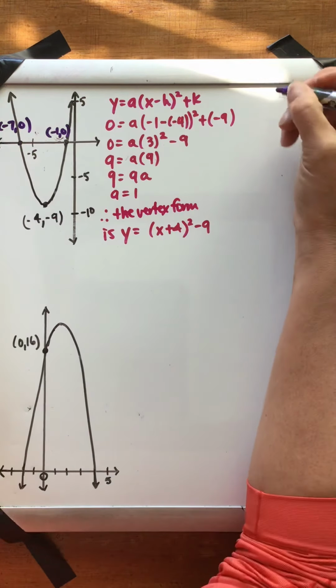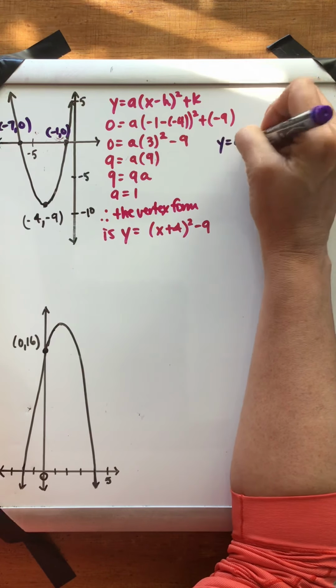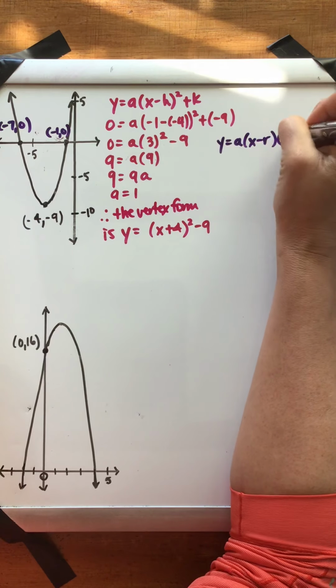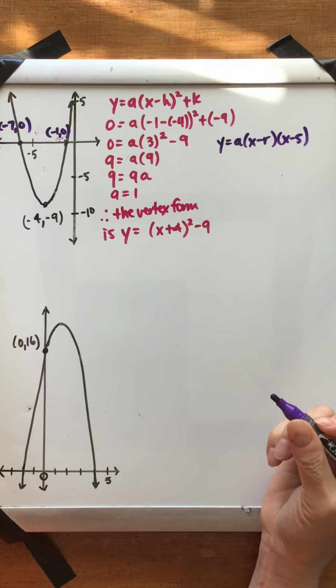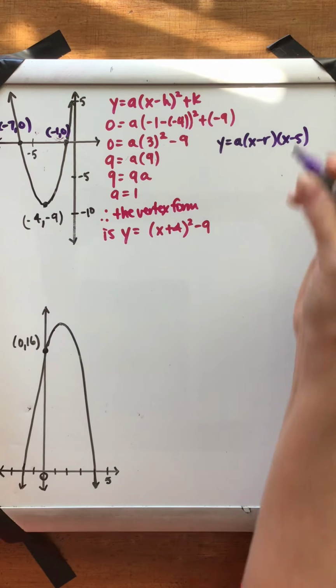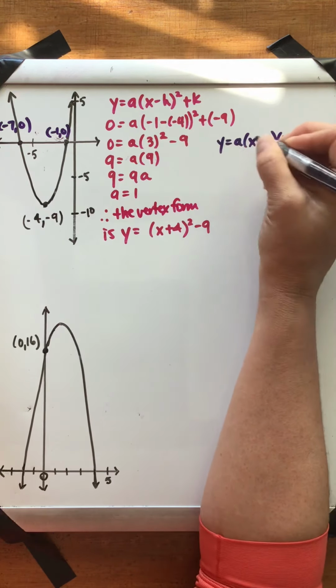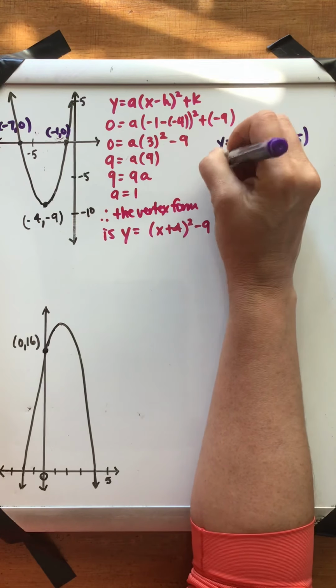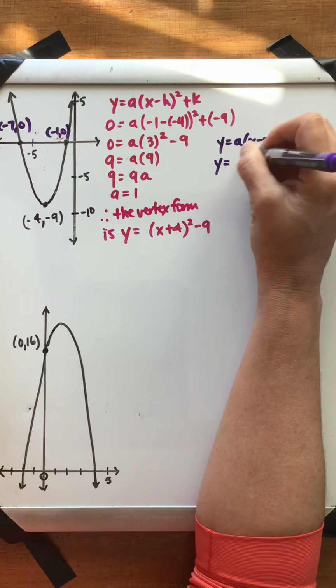So we know the general formula for intercept form is y equals a (x minus r)(x minus s). So we can come up with the intercept version, or factored version if you like, quite easily by subbing in a, we've already got it, and r and s. So let's do that. y equals 1. You can put the 1 there or leave it.